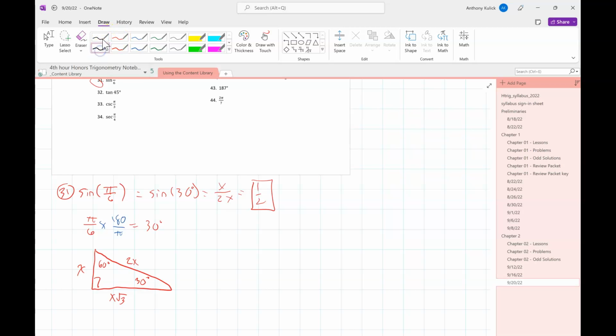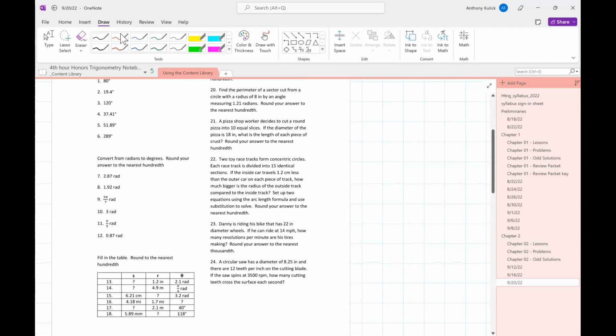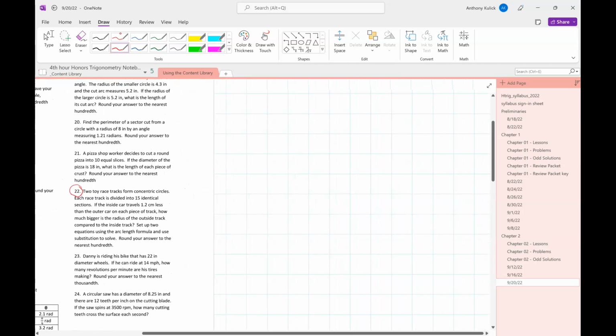Who else has got something for Mr. Gulick? Talika? 22, you say? Yeah. Okay. Well, 22 is probably the trickiest one on here. So it says two toy racetracks form concentric circles.